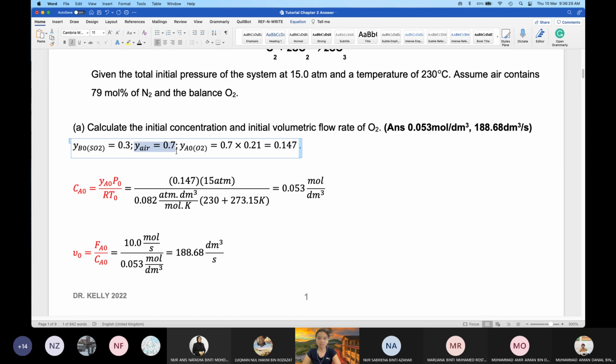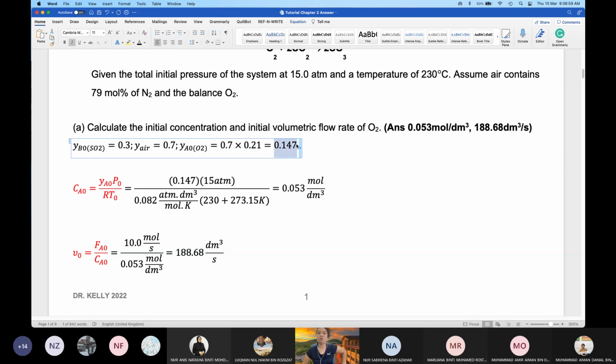Hence, how much is my mole fraction of oxygen gas, which is my YA0, dia akan sama dengan, in my 70% air, I have 21% O2. So saya darabkan saja dari dalam 70% air saya ada 21% oxygen gas. So I multiply these two, I will get 0.147.